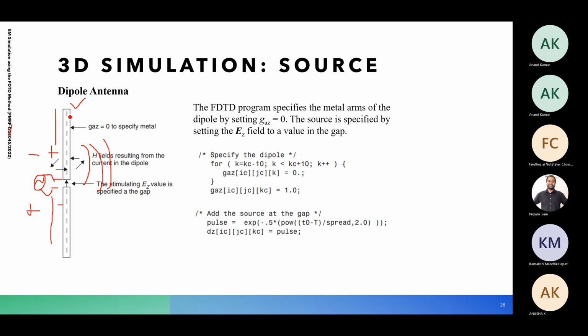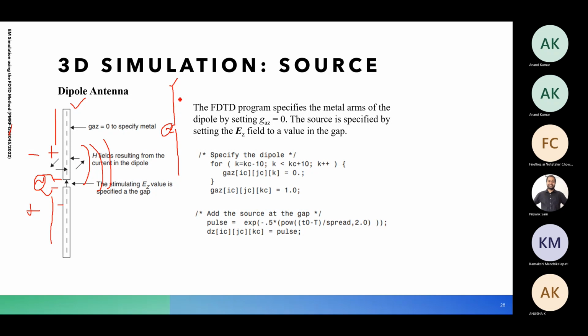This dipole antenna is made up of wires. We have two thin wires, and there is a source in the middle, which gives a potential difference between these two wires. We already know how to assign conductors inside the simulation space.